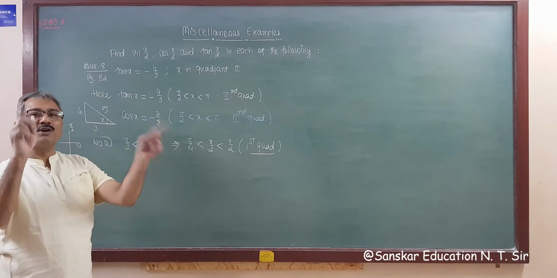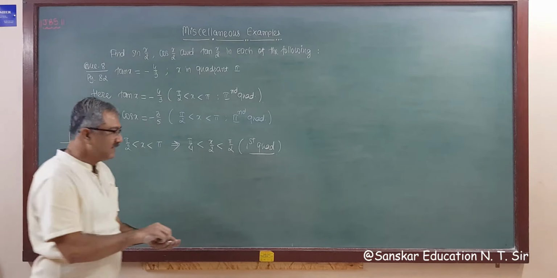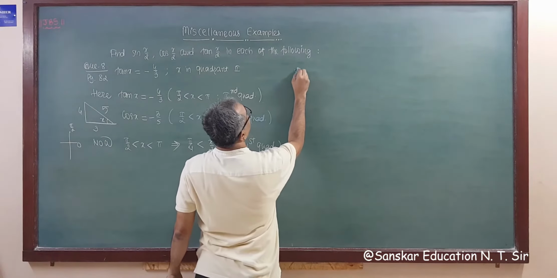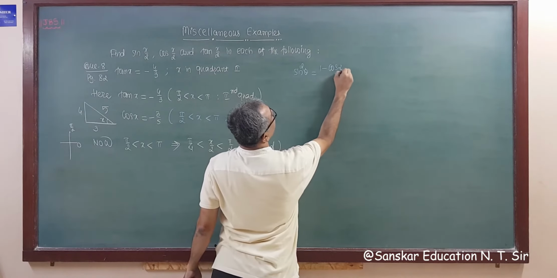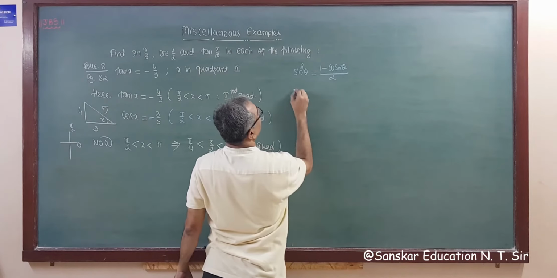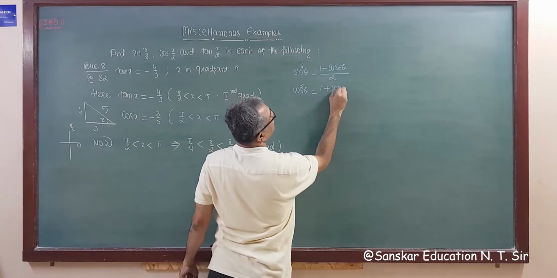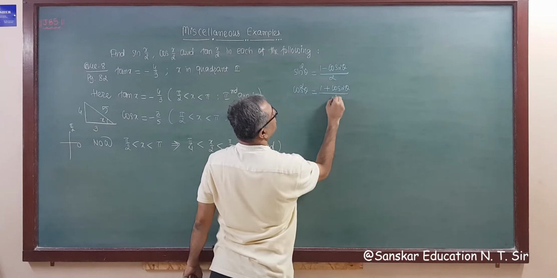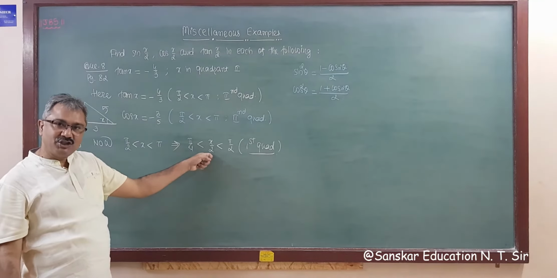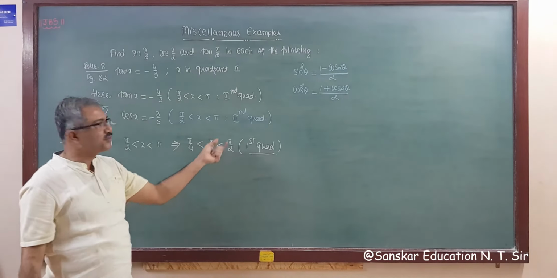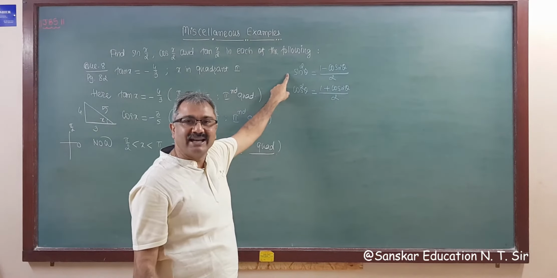Now in the first quadrant all are positive. So you know the formula: sin square theta is 1 minus cos 2 theta by 2 and cos square theta is 1 plus cos 2 theta by 2. But this theta is x by 2, which lies in the first quadrant, and in the first quadrant both sine and cos are positive, so no need to take a negative square root.